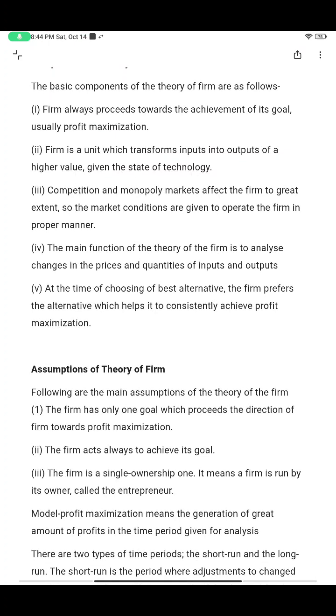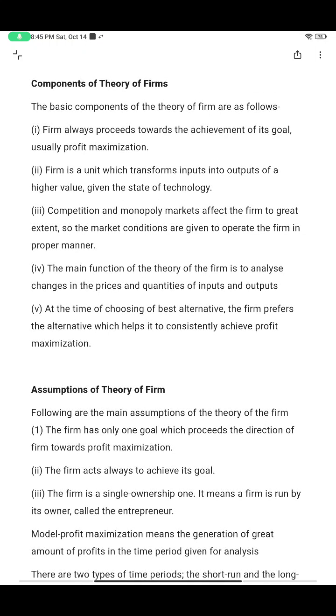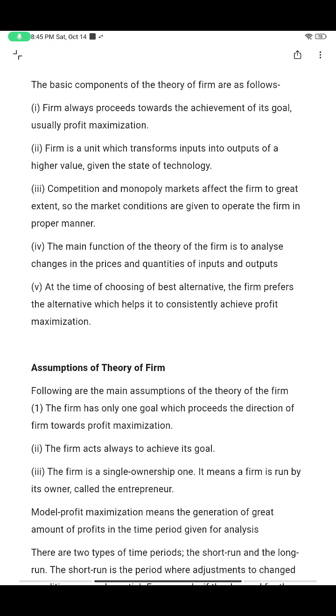And firm is a unit, means firm is a block which will transform the inputs to the outputs based on what? Technology, and based on the products needed, and based on the people. For example, let's take a cloth. So what are the inputs for a cloth? You can say it as thread. From the thread to the cloth, you can't just directly stick the threads together.